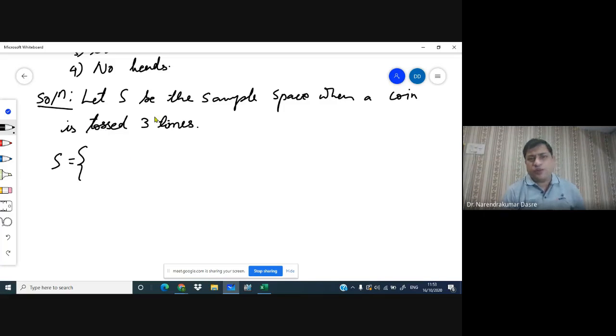Let us see what the possible outcomes may be. Either we'll have head or tail for the first toss, head or tail for the second toss, and head or tail for the third toss.